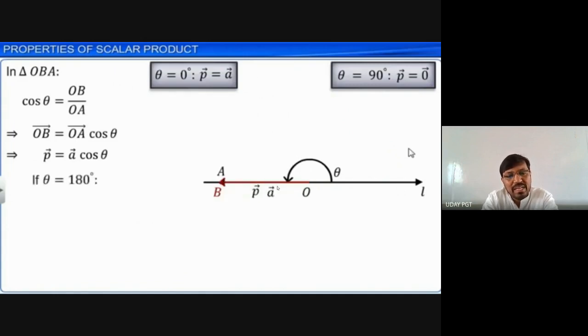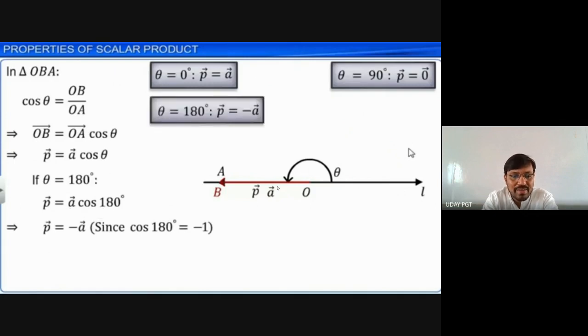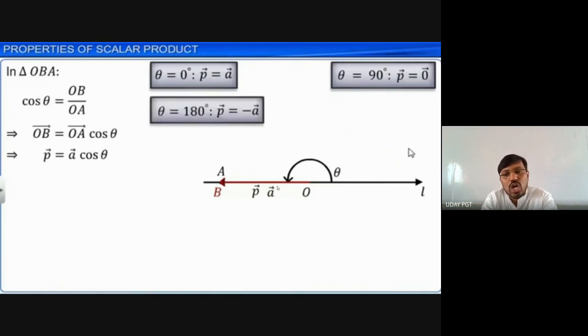If the angle is equal to 180 degrees, P vector is equal to minus of A vector. We have already learned all these things in the dot product concept.